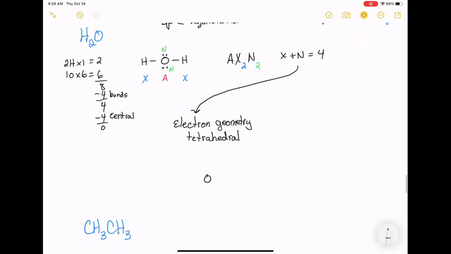So you have your oxygen, around which you have your two hydrogens, and then you have two lone pairs.